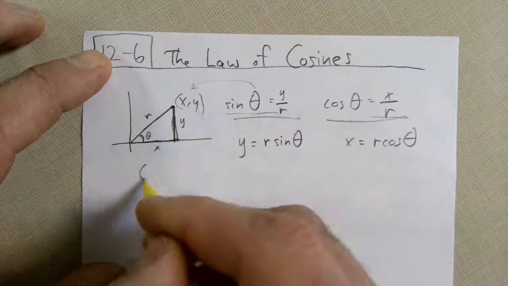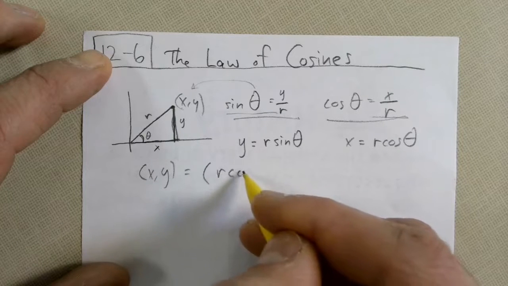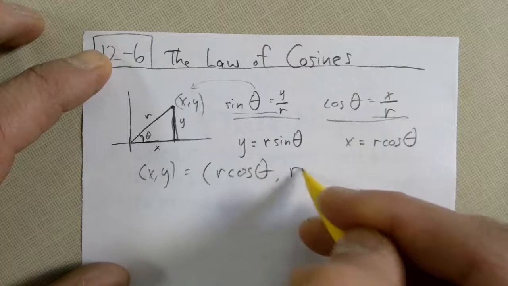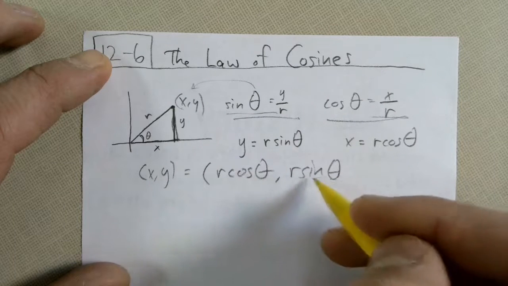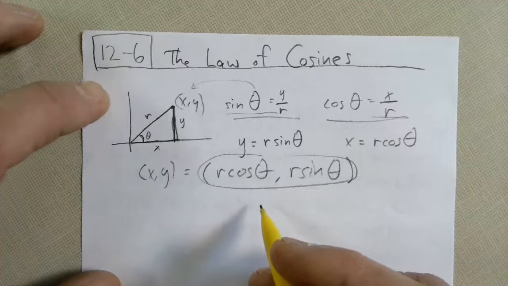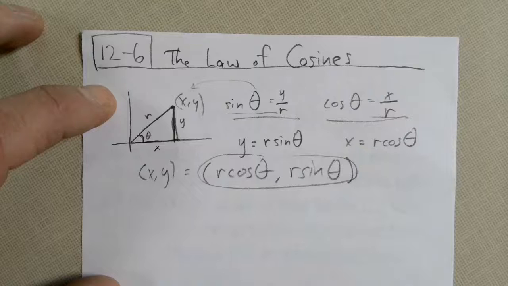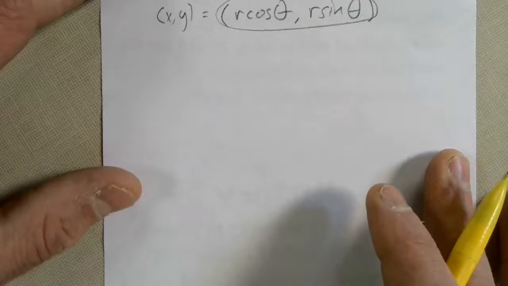So this XY point actually becomes R cosine theta, which was the X value, and the Y value is R times the sine of theta. And this will be helpful to us in developing a new law, the law of cosines.